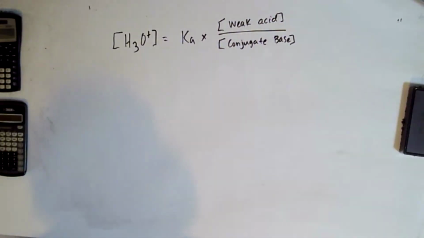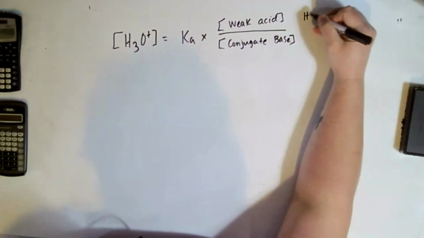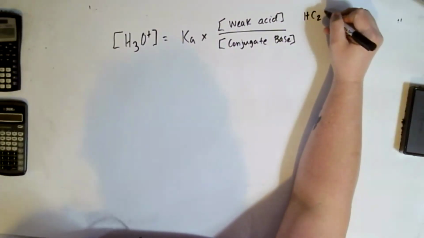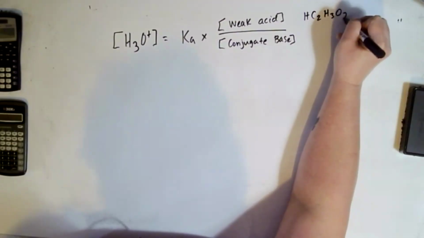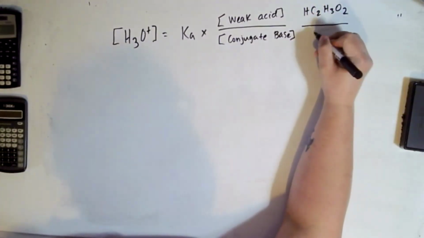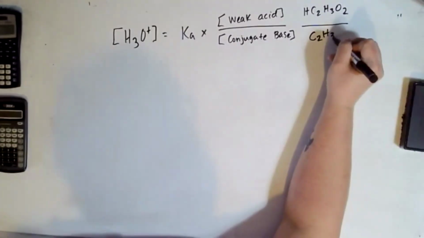And in our example, our weak acid is going to be our acetic acid, and our conjugate base is going to be the acetate ion.